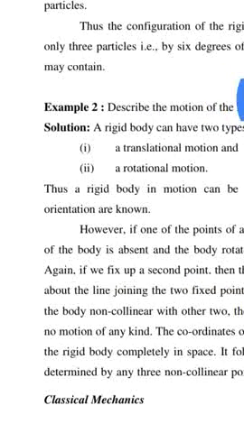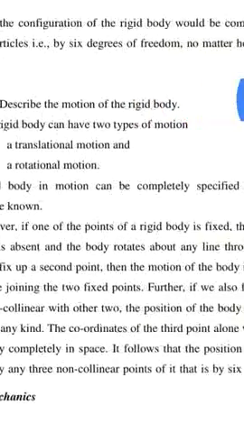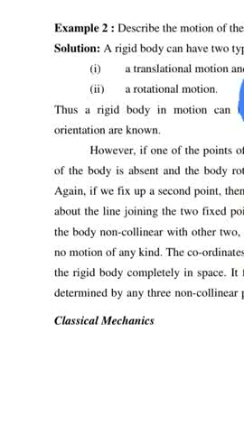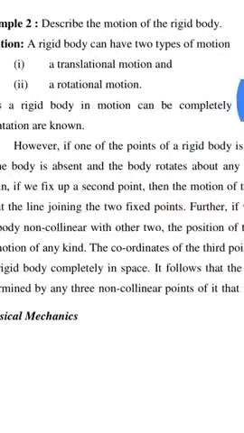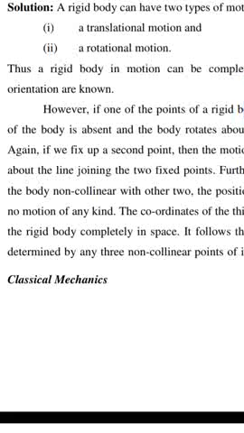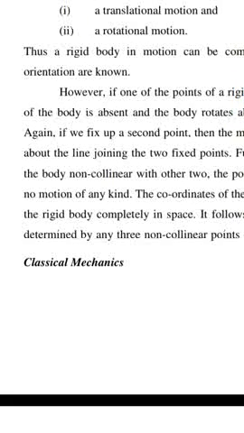Example second, describe the motion of the rigid body. A rigid body can have two types of motions: first, a translational motion, and second, a rotational motion.